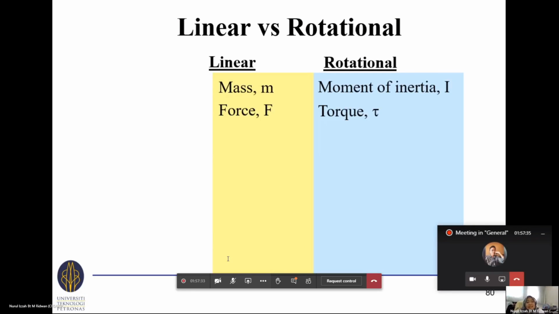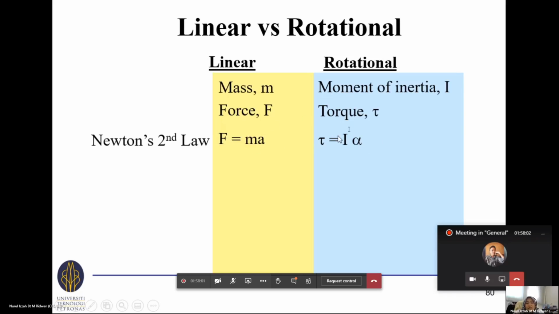Again, let's say you are needed to discuss work, energy, power, and momentum. Linear motion and rotational motion are not that different anyway. For Newton's second law, you have F equals ma. Torque is equivalent to force, mass in linear is equivalent to I in rotation, and acceleration is equivalent to angular acceleration.